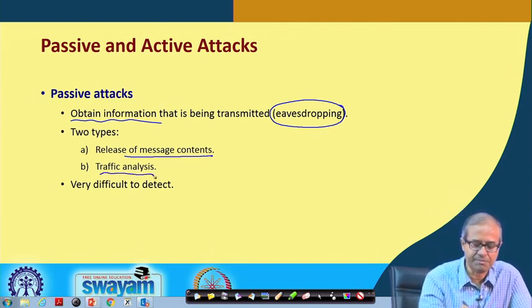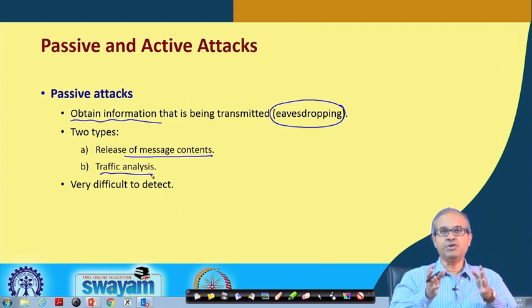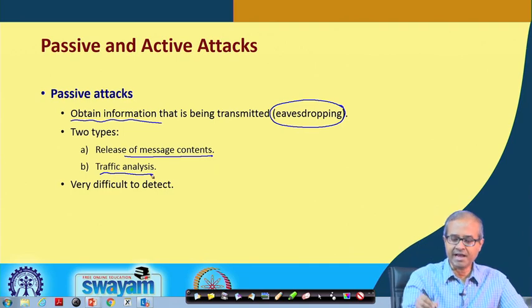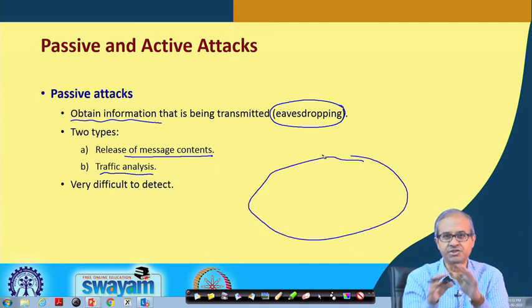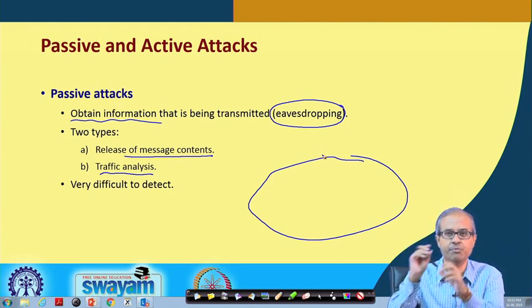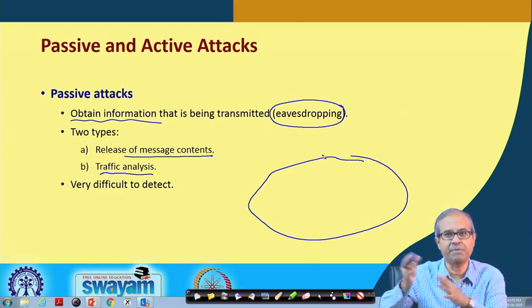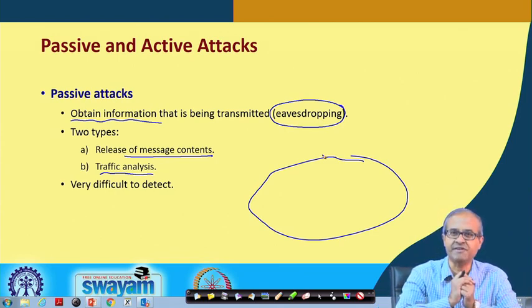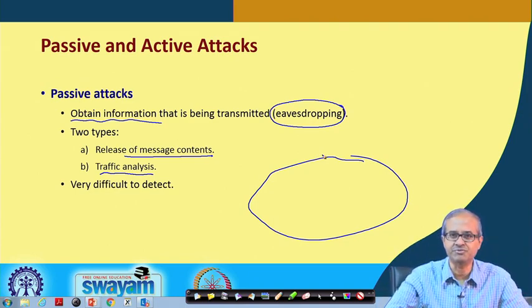There can be some kind of traffic analysis going on, like the intruder is trying to attack a remote network, let us say, but the intruder does not have much information about the network, it does not know which is the most important point where it should attack. So, initially the intruder will try to listen to the packets that are flowing through the network and analyze the traffic, to see which are the computers which are most heavily used.